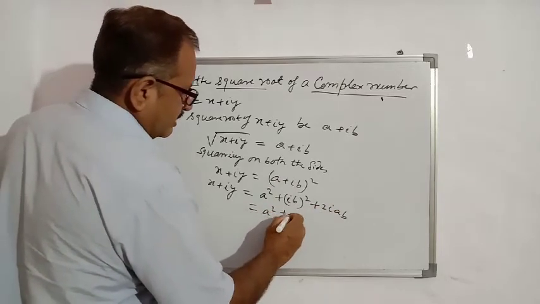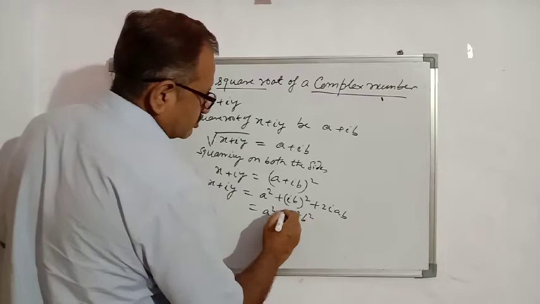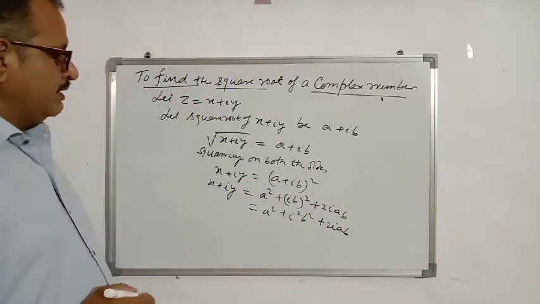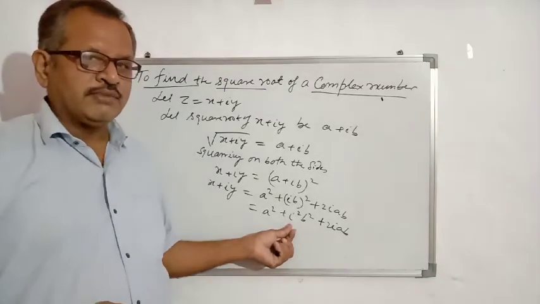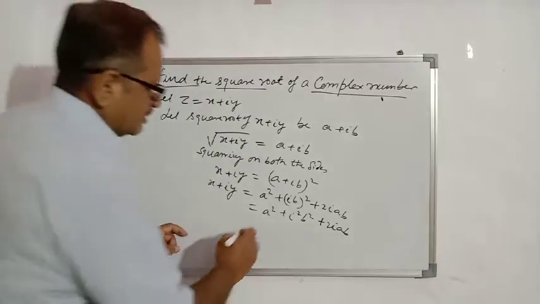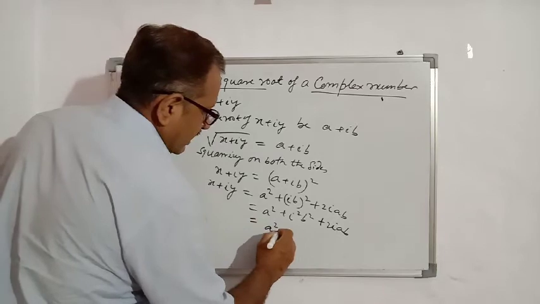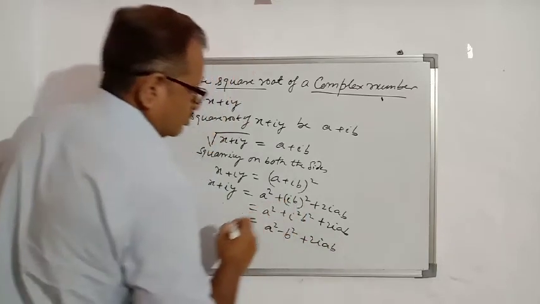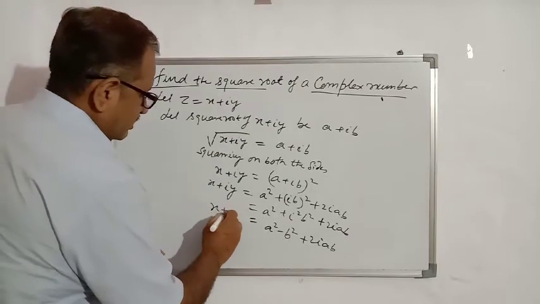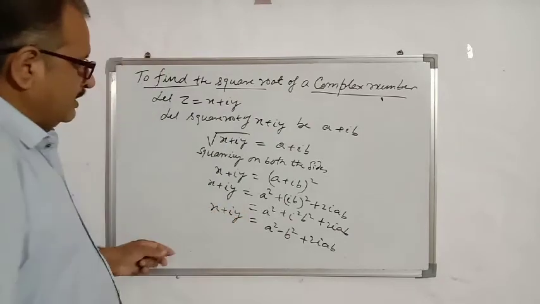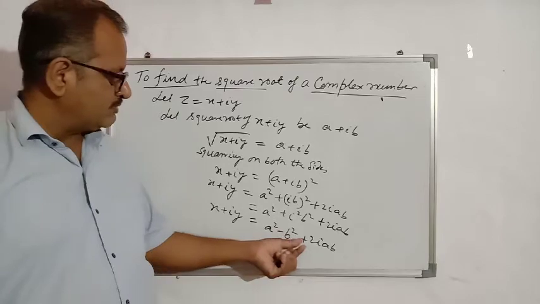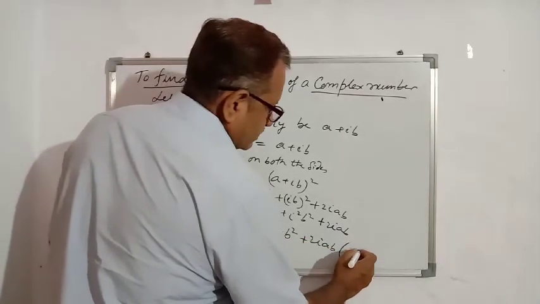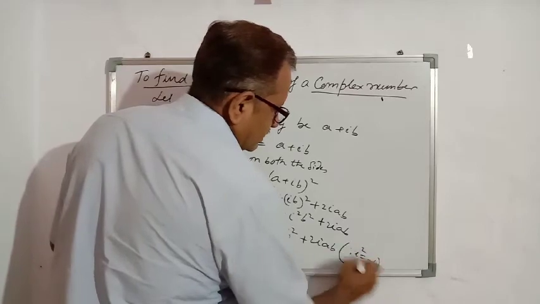A square plus i square b square plus 2iab. We know that i square value is minus 1. So we can write here a square minus b square plus 2iab, since i square is equal to minus 1.